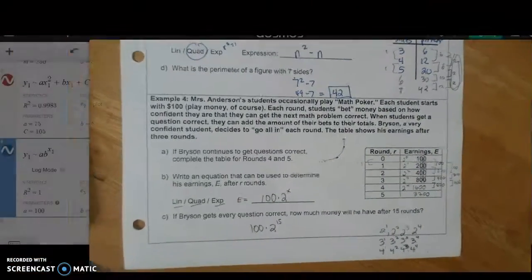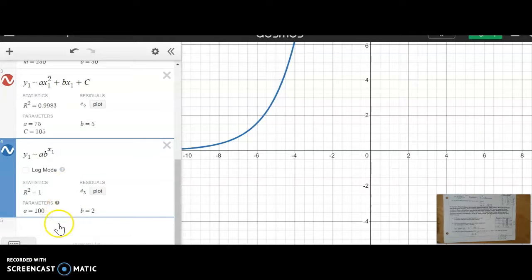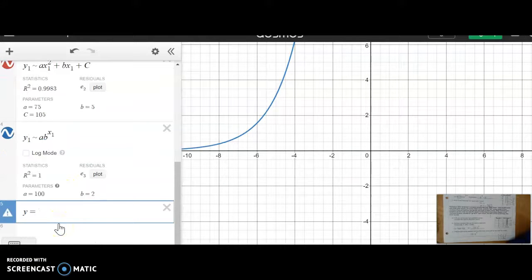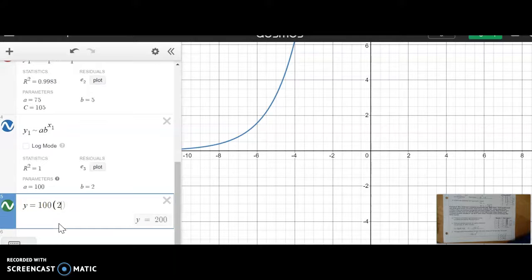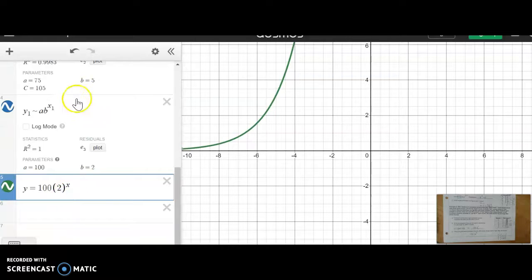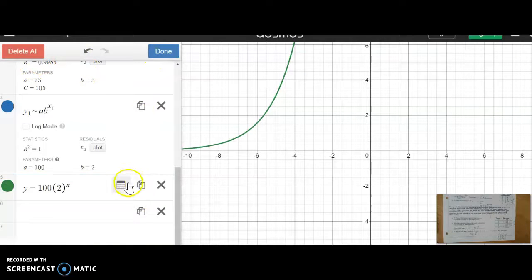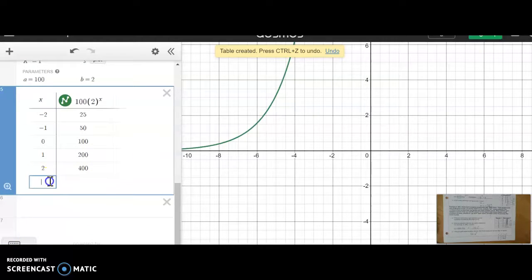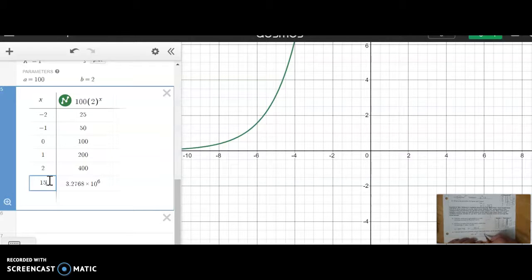And then we're going to go back to Desmos, and we are going to do y equals 100 times 2 to the x, and we're going to convert that to a table, and we're going to put in 15, and we get 3,276,800.